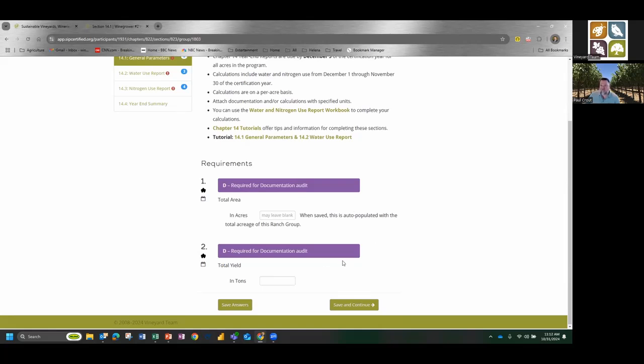Now, if you have multiple blocks or multiple varieties within a specific acreage, then you just add that all together. It'll automatically calculate your yield average per acre. So those are key things to enter in there.